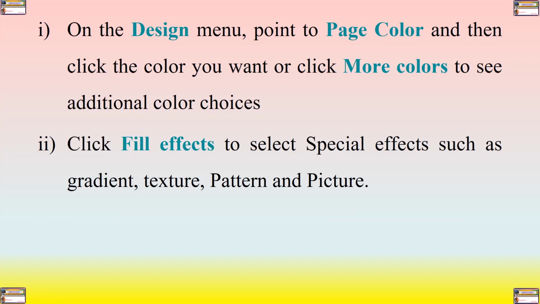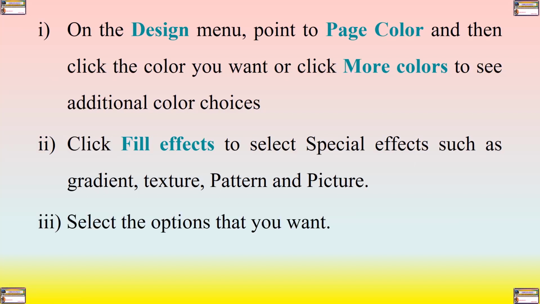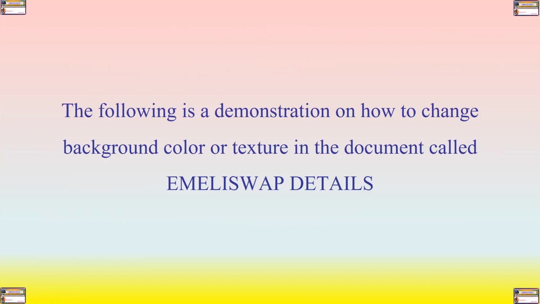Then click fill effects to select special effects such as gradient, texture, pattern, and a picture. Then select the options that you want and click OK. So the following is a demonstration on how we can change background color or texture in our document called the swap details, which of course is part of the other example that I've already shown you. So that's how we proceed.